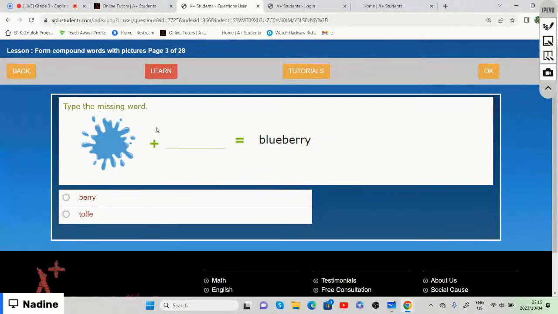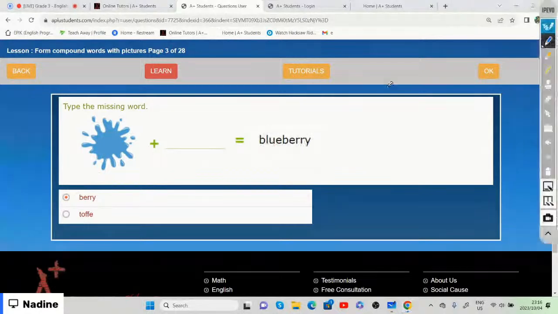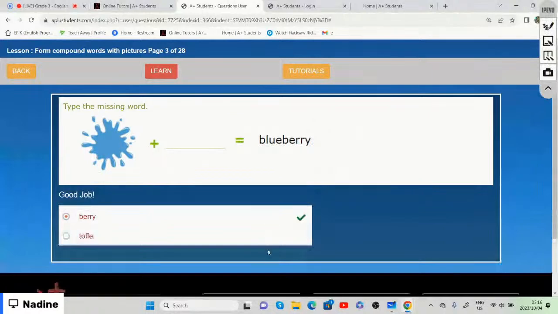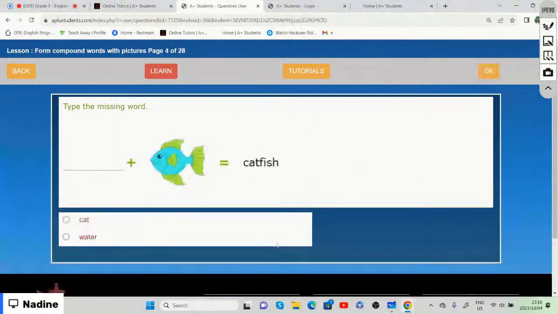All right, so if we identify the missing word, we can say berry. So blueberry, because there we have blue, and there we have berry, and it makes up the word blueberry. So if you said berry, then well done.